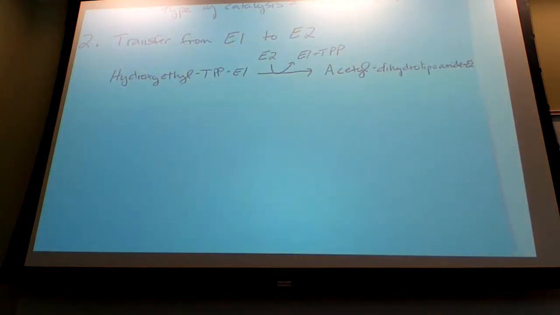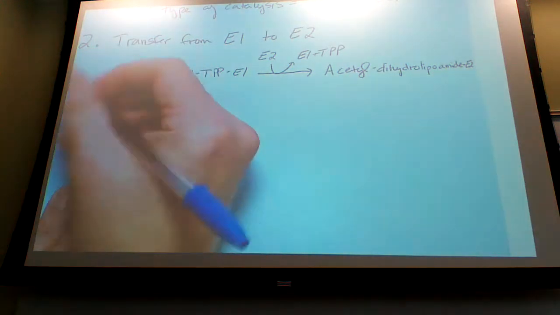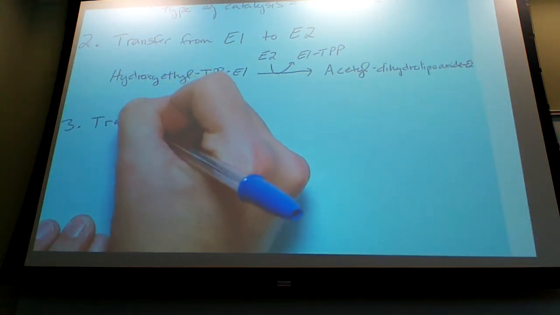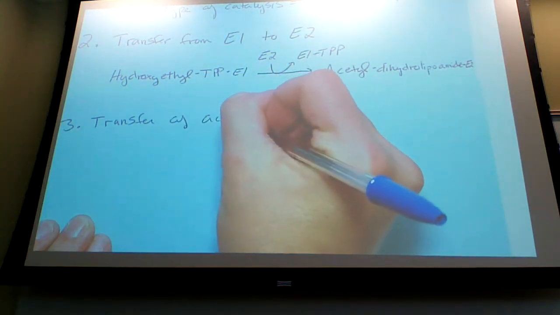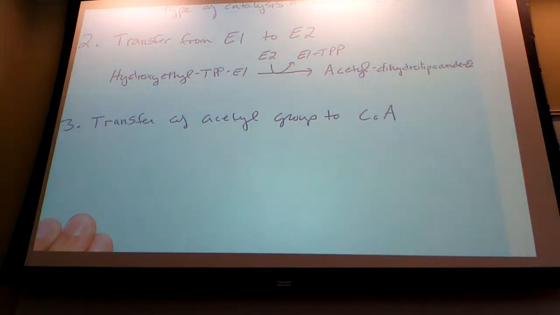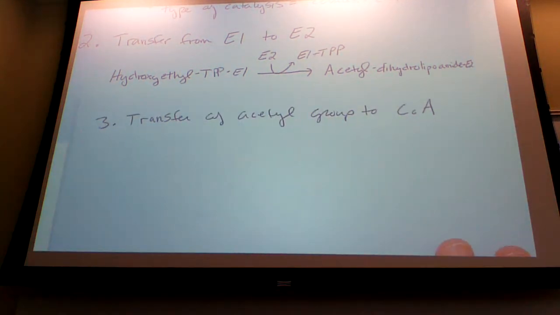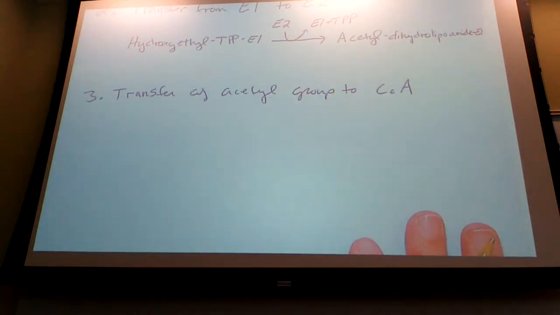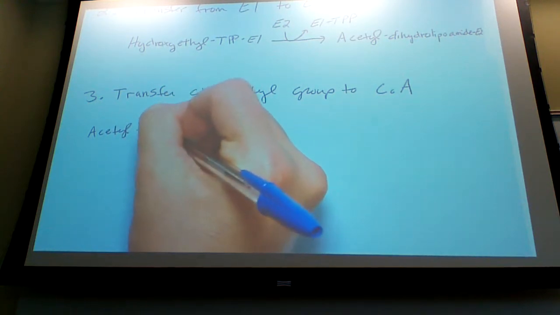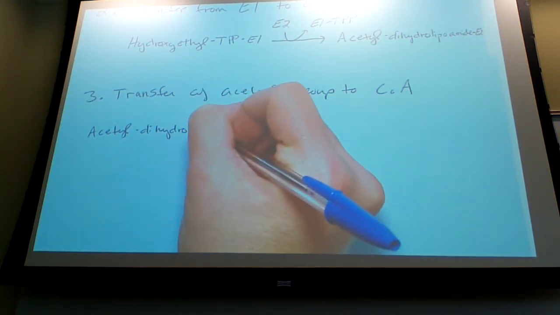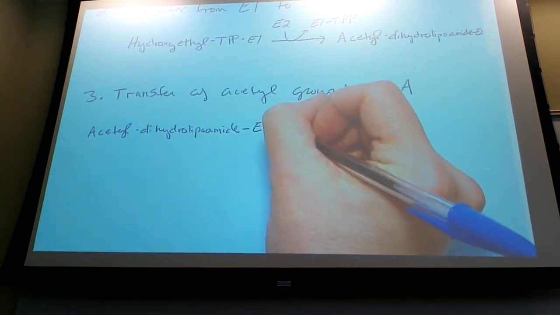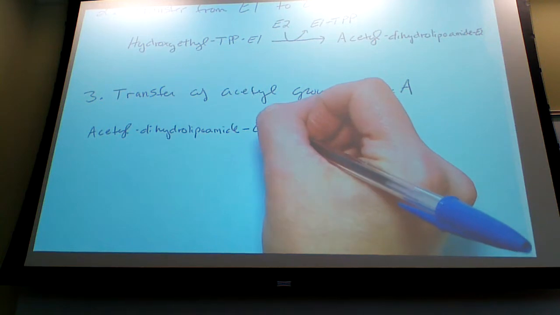Alright, so then step 3. This is going to be transfer of the acetyl group to coenzyme A. So I have my acetyl dihydrolipoamide that is covalently linked to E2.